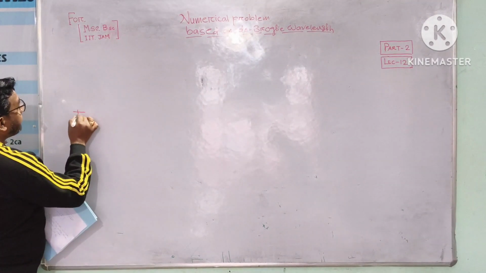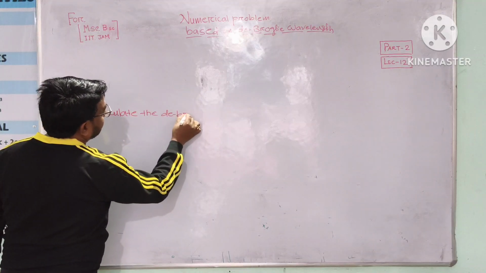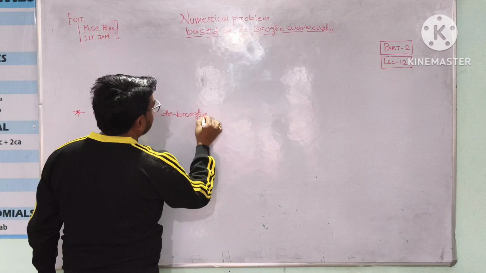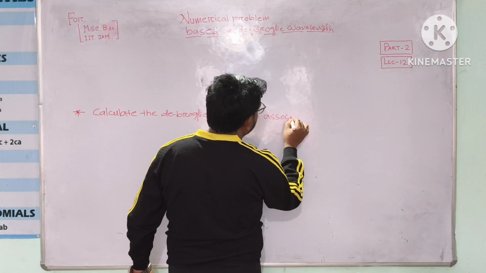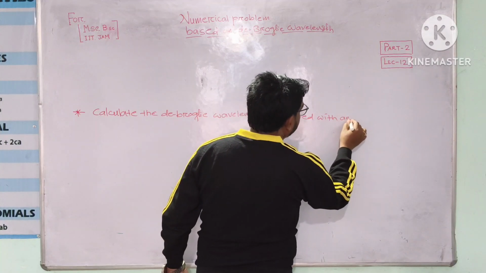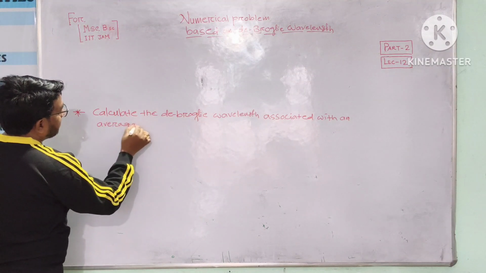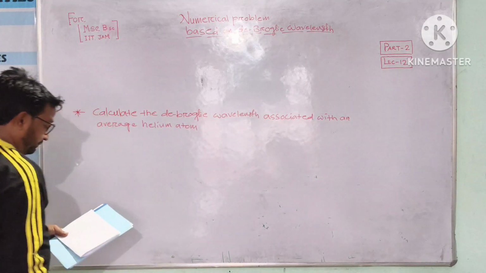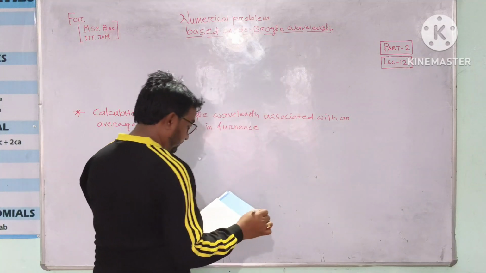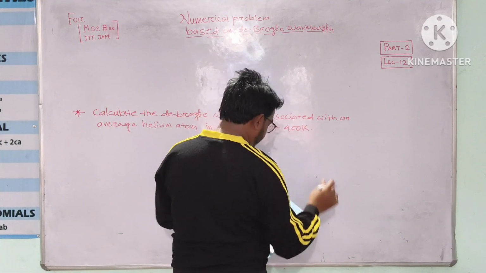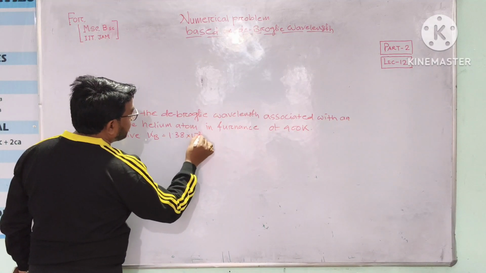Okay, our next problem is: calculate the de Broglie wavelength associated with an average helium atom in a furnace of 400 Kelvin, given kB equal to 1.38 into 10 to the power minus 23 joule per Kelvin.